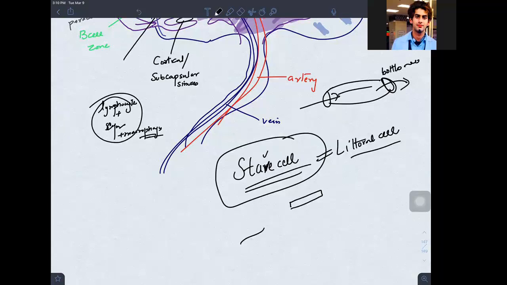For example, in hereditary spherocytosis, you see the hemolysis happening. Before reaching that place, you have to go to the sinuses. The walls of the sinuses are covered by stave cells. Understood?